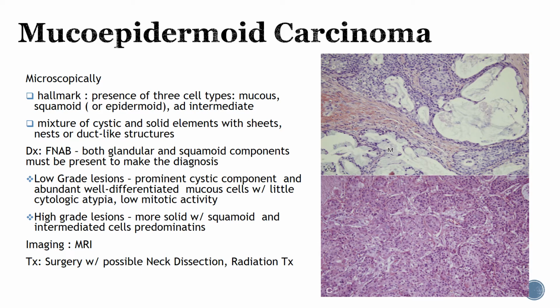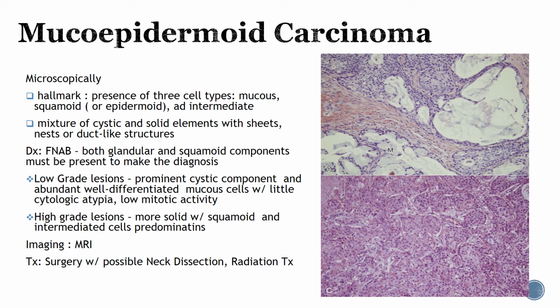At a minimum, both glandular and squamoid components must be present to make the diagnosis. The mucous cells have abundant vacuolated cytoplasm. Intermediate cells are relatively round and small with little cytoplasm and nuclei with open chromatin, and squamoid cells have moderate amounts of dense homogeneous cytoplasm.